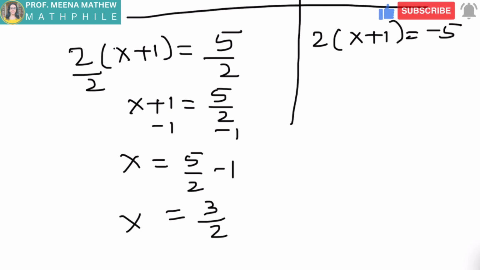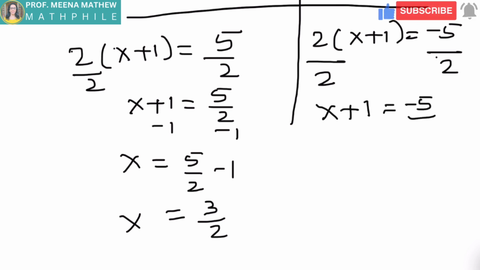Again here, divide both sides by 2. Then we will get x plus 1 equals negative 5 divided by 2. Then add a negative 1.